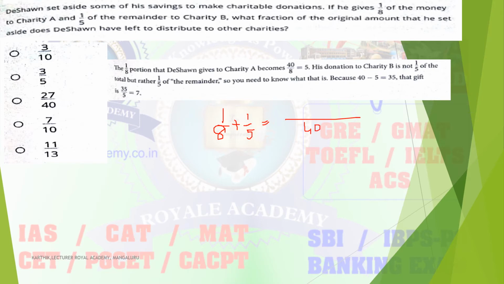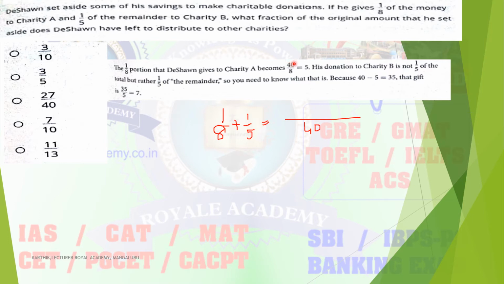Why? Because that number should be divisible by both 8 and 5. So I will choose the number 40 here.